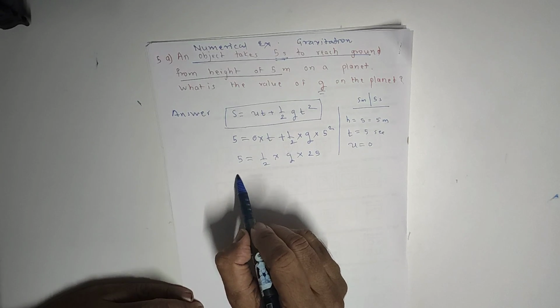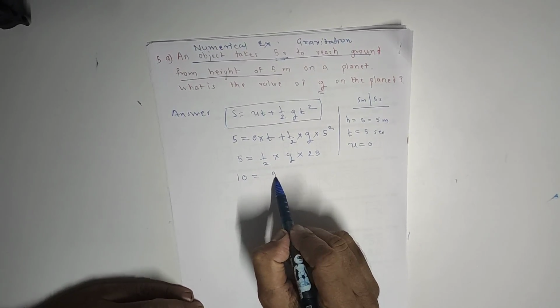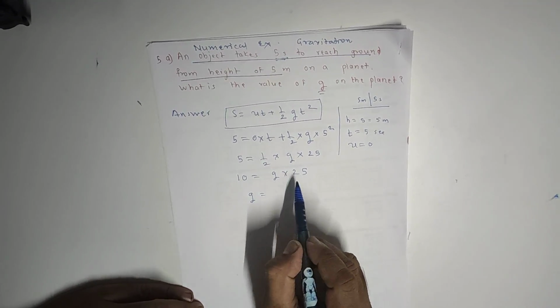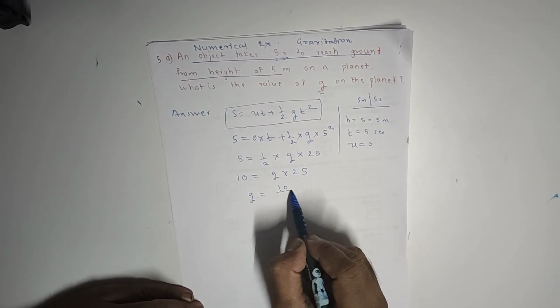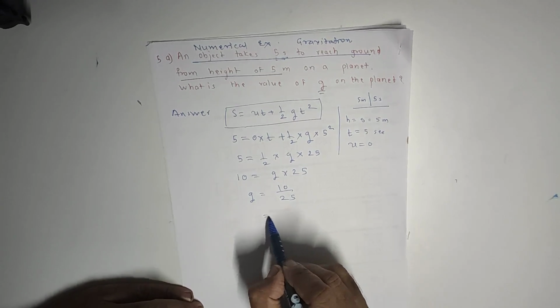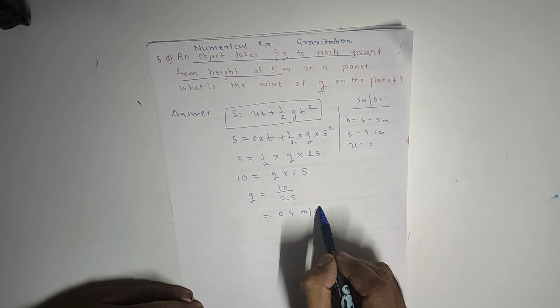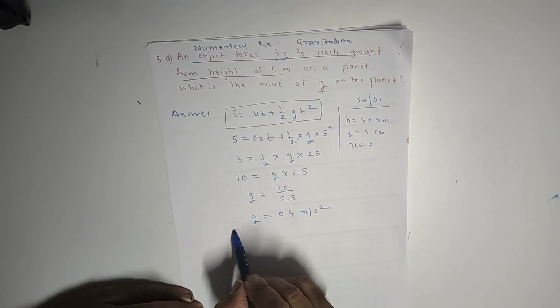Here 5 into 2, 10, equals g into 25, and when we take g on one side, then we can write 10 upon 25. What is this? 0.4. And the unit of g is meter per second square.